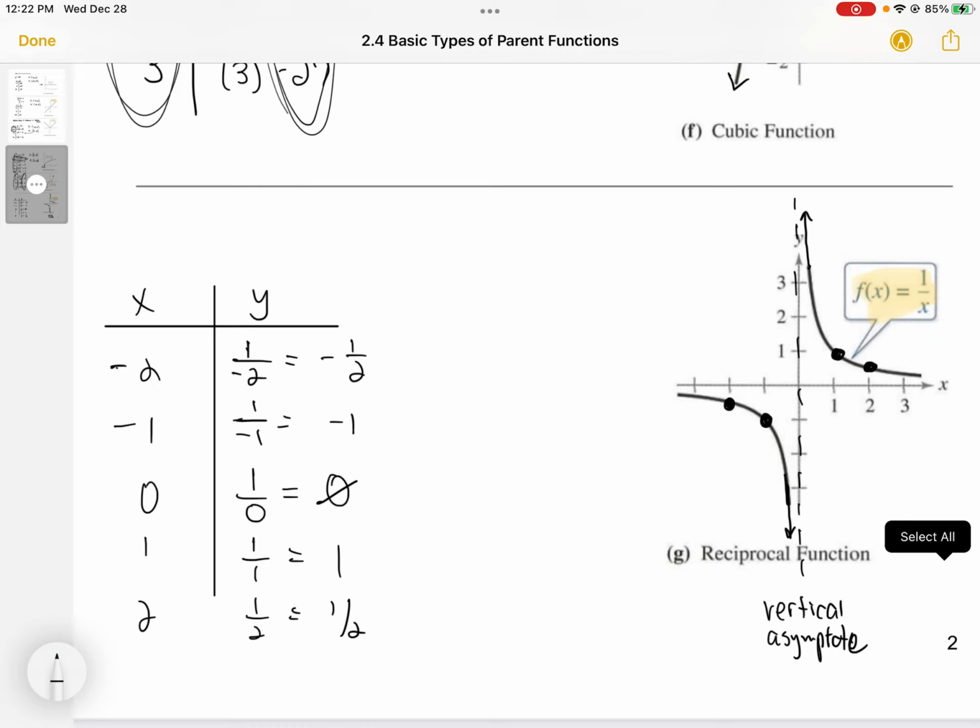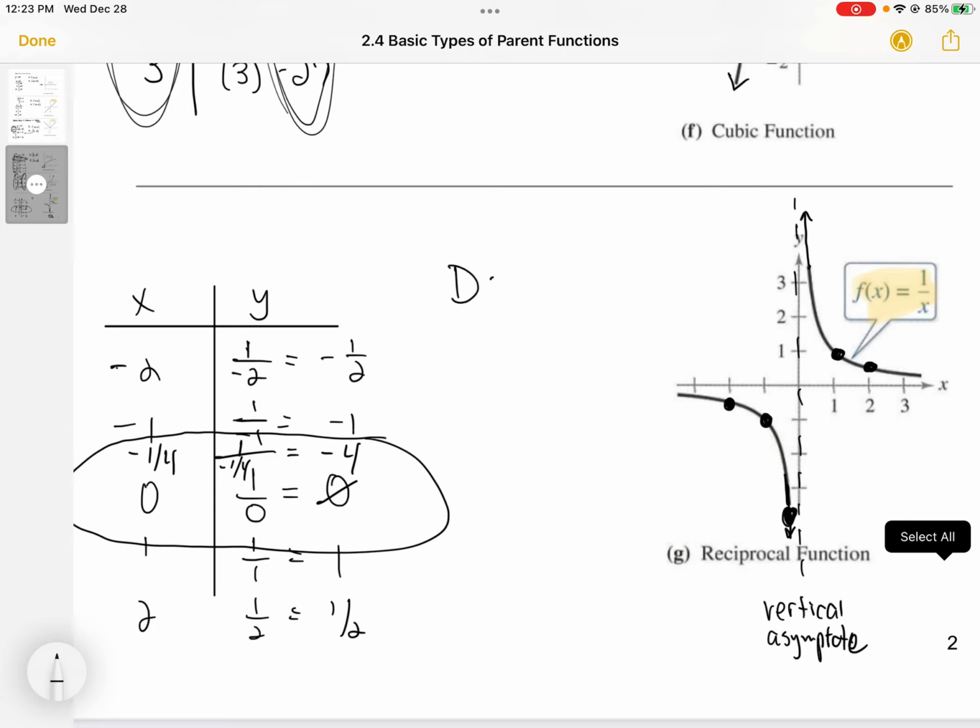If I were to use other x values that were closer to 0, say x is -1/4, and I were to plug that into the function, I would have 1 over -1/4, which ends up being -4. You can see that now that point is way down here. As I pick x values that are closer and closer to 0, my y values are going to get larger and larger.